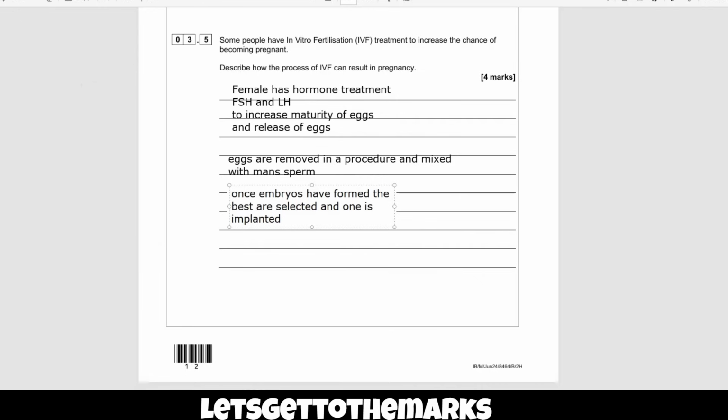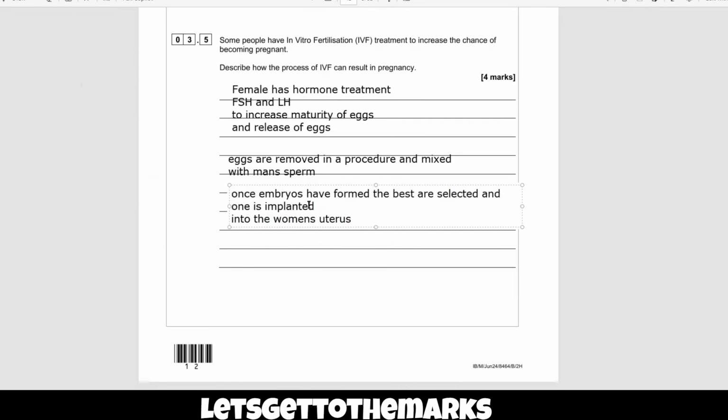They sometimes implant more than one, but really most of the health services now only implant one embryo because of the risks of multiple births with more than one embryo, which gives more risk to the mother and the children. Once embryos have formed, the best are selected, and one is implanted into the woman's uterus. So it's all about the keywords.